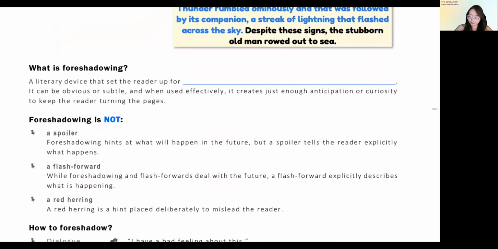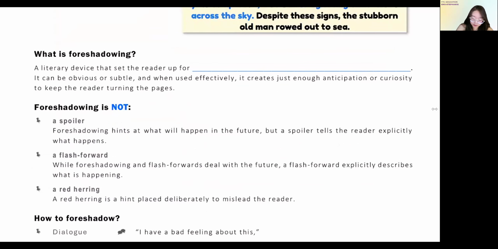Before I go into the examples, just quickly go to the definition portion. So foreshadow means that it is a literary device that sets the reader up for, write it down, an emotional review or plot twist. Emotional review or plot twist. Okay?